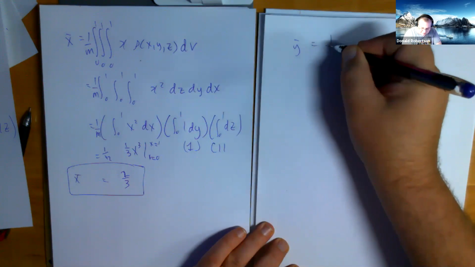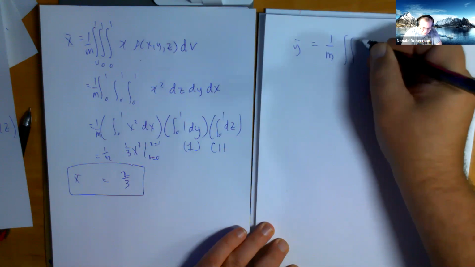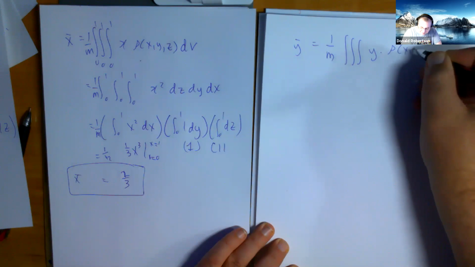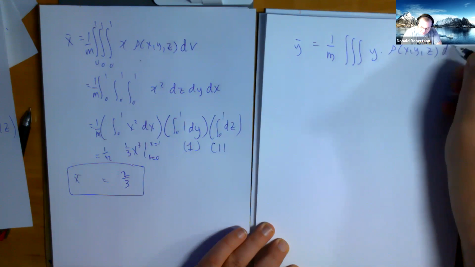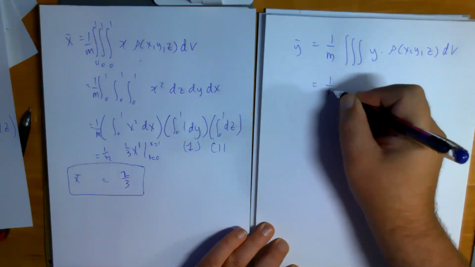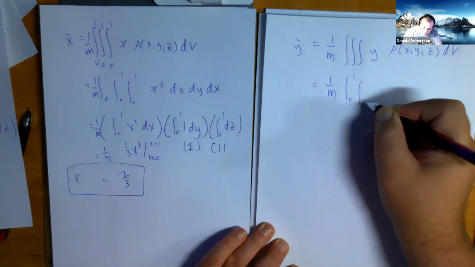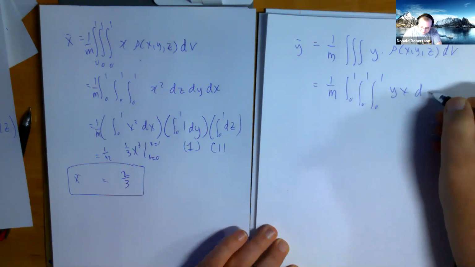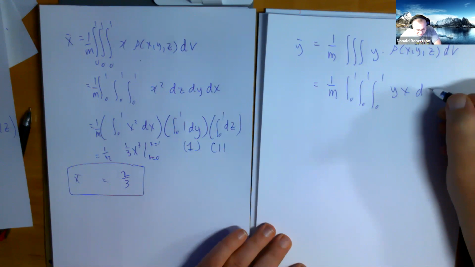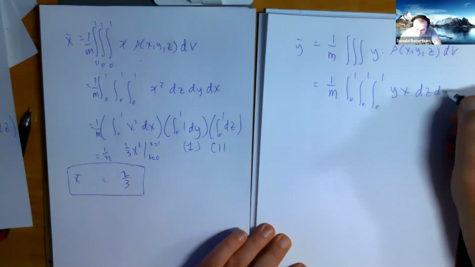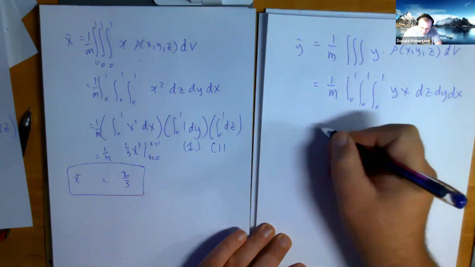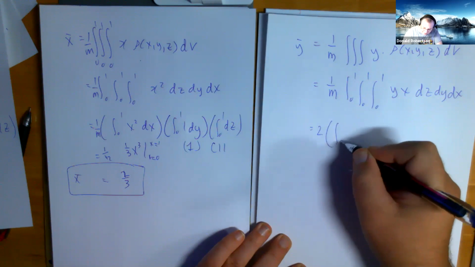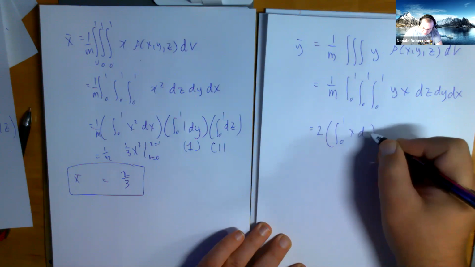To get y bar, 1 over m times the integral of y times the density function. That's 1 over m, 0 to 1, 0 to 1, 0 to 1 of yx. But since 1 over a half gets me 2, doesn't this one also separate out quite nicely?